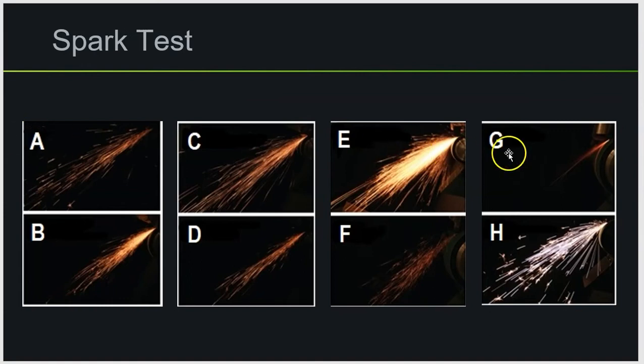So there's 8 different spark patterns, and they're all pretty much different, okay? You got some that are kind of dim. All right, we've got some that are really bright. We've got some that shoot really far out, and we've got some that don't really shoot far out at all. We've got some that are coming out as white. So all these different things are going to lead us to roundabout identity of the steel.